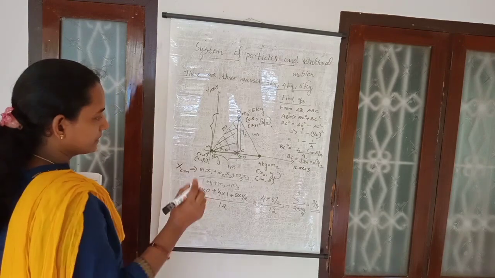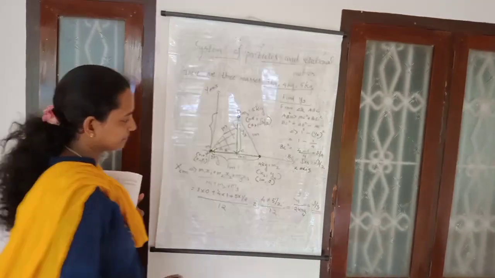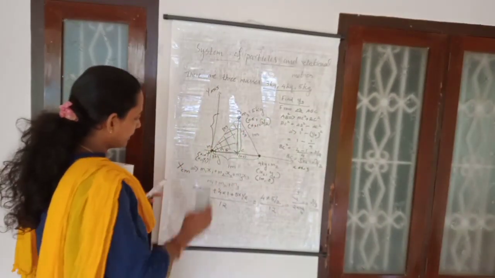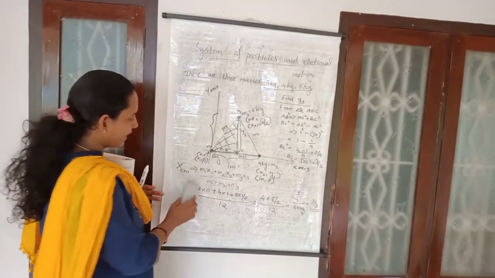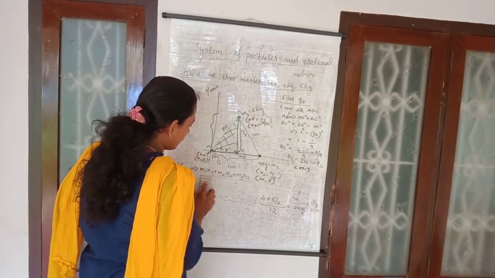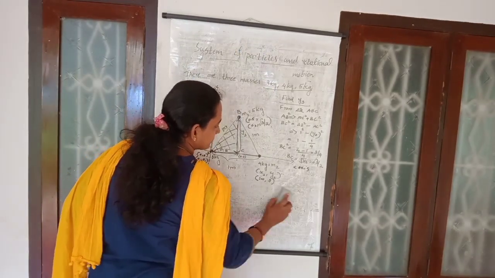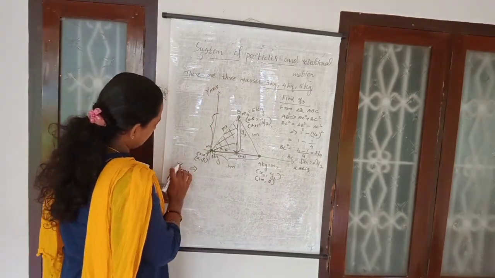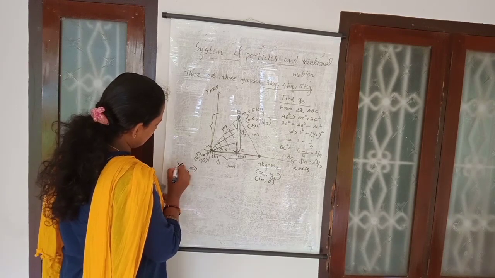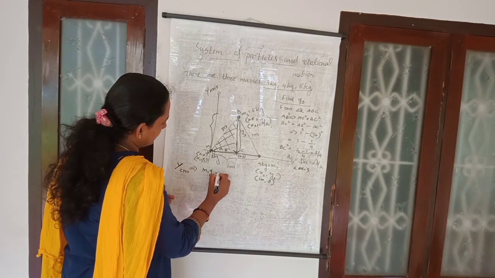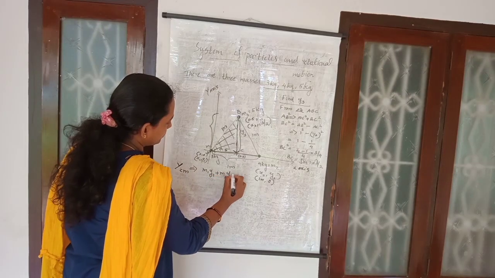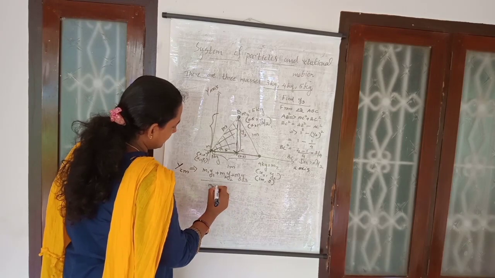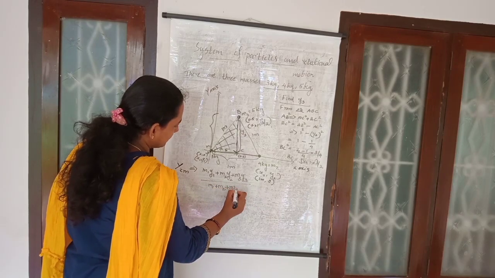Okay, so you can solve it. Then similarly you can find Y center of mass. What is the Y center of mass formula? Y center of mass is (M1 Y1 plus M2 Y2 plus M3 Y3) divided by (M1 plus M2 plus M3).